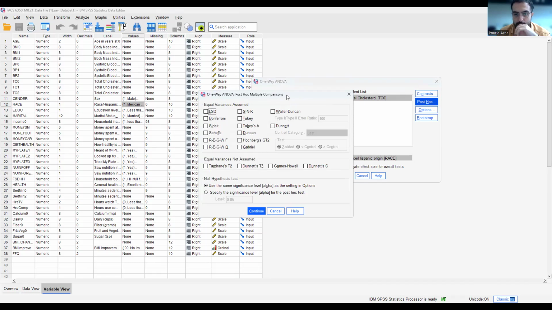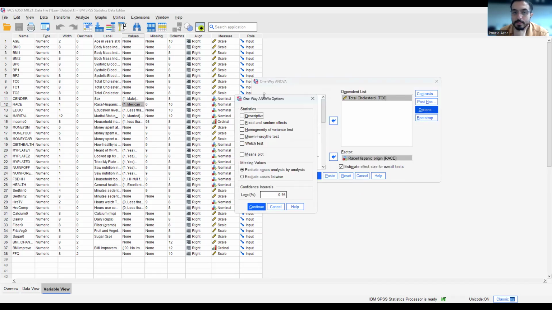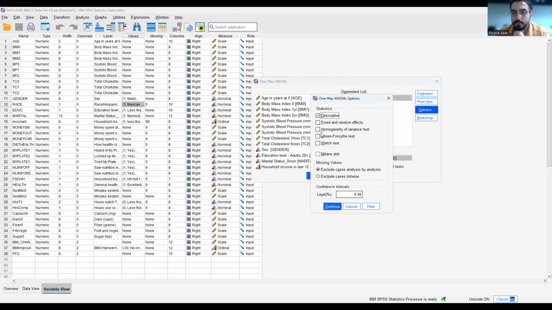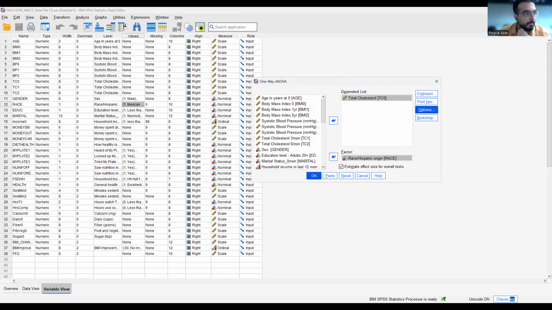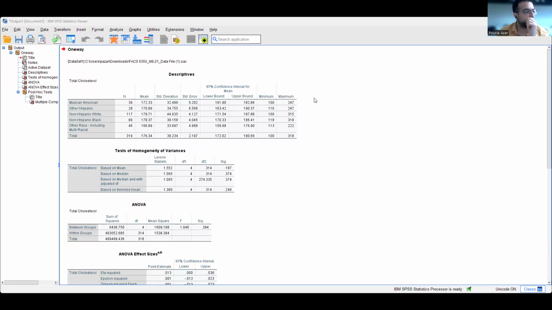For post hoc test, I'm going to click on LSD and then continue and options. I just want to click on the descriptives and homogeneity of variance and continue and click OK. Okay. So this is the output.